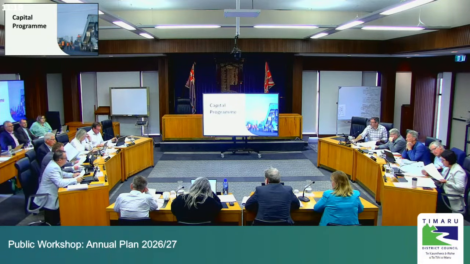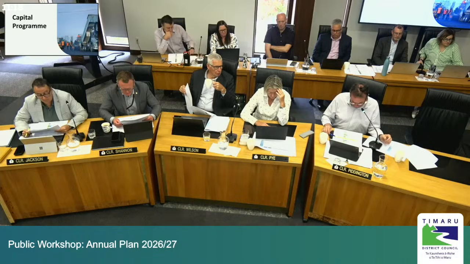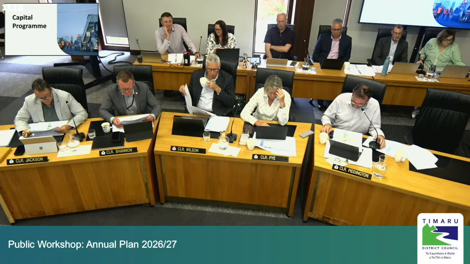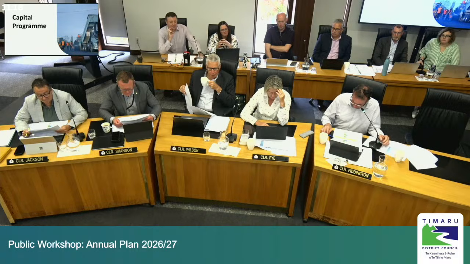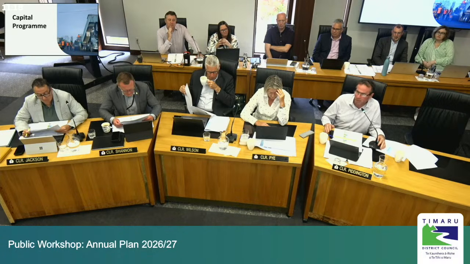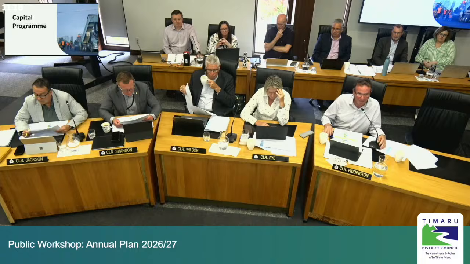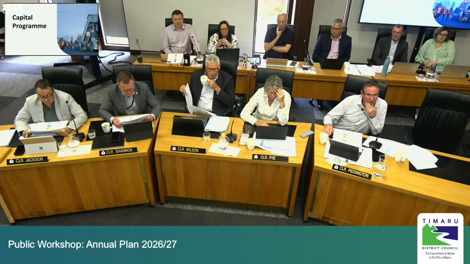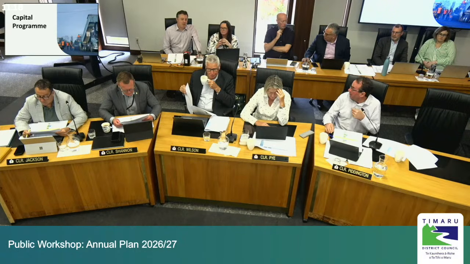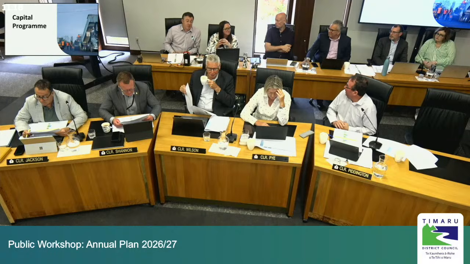I'm just intrigued by Central Timaru renewals, the 1.5 million addressing Wilcombe and George Street and relating to the theatre. Can someone explain what that means and when are we doing it, since we're already well into the museum and the theatre? So this is a hangover from Citytown.